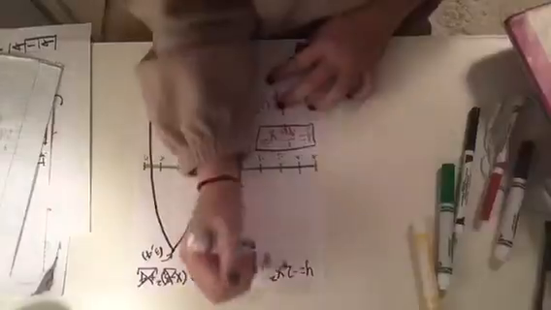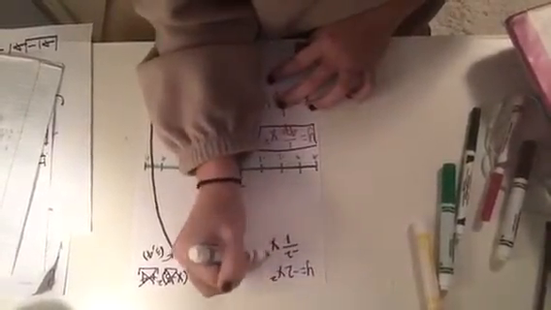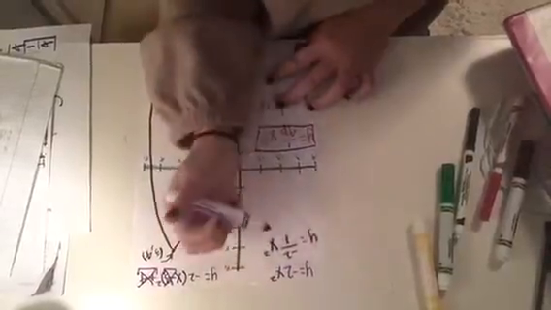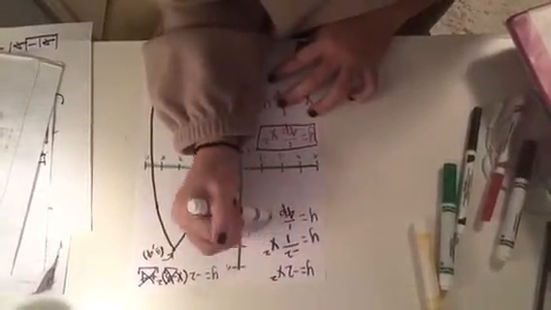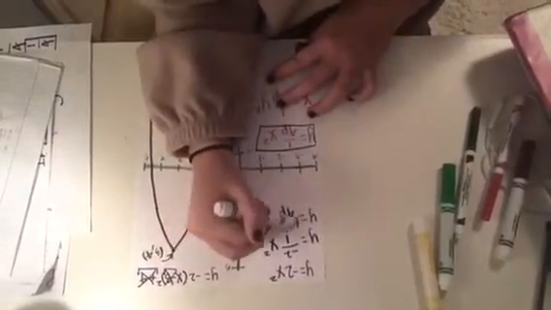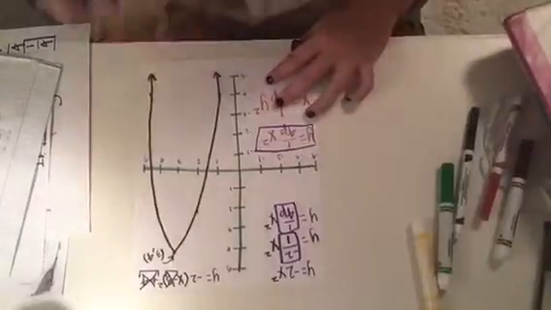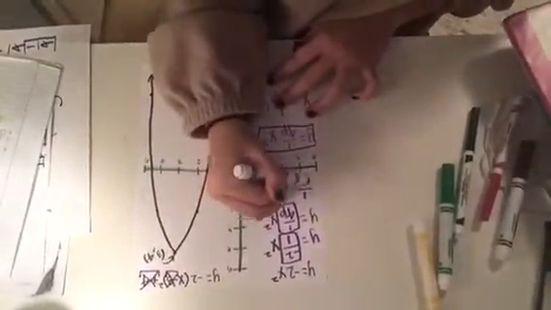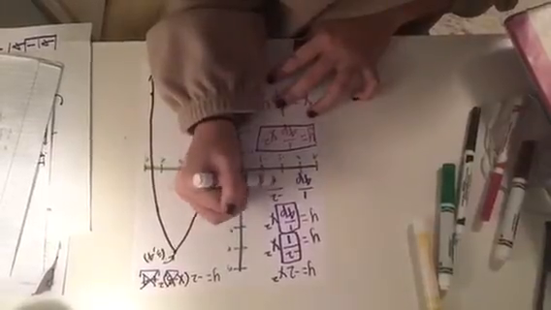Now, negative 2 is basically the same thing as negative 2 over 1, so y equals negative 2 over 1 x squared. Then we have y equals 1 over 4p x squared. We need this and this to figure out what p is. So 1 over 4p and negative 2 over 1.